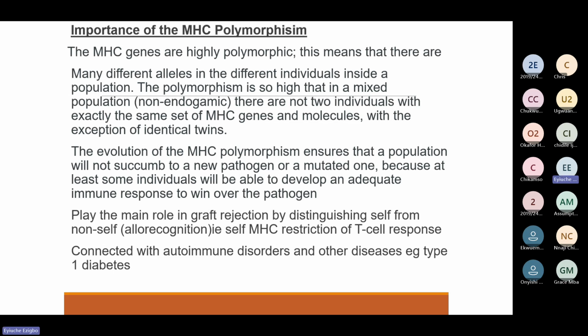The evolution of MHC polymorphism ensures that a population will not succumb to a new pathogen or a mutated one, because at least some individuals will be able to develop an adequate immune response to win over the pathogen. I've also emphasized this earlier, the advantage and the disadvantage of this complex.